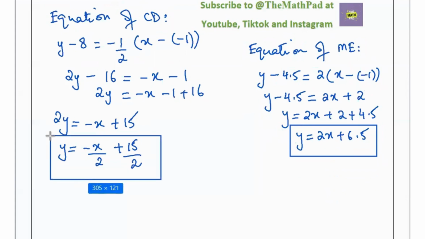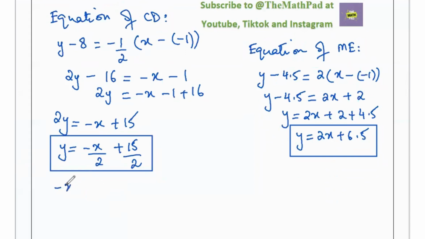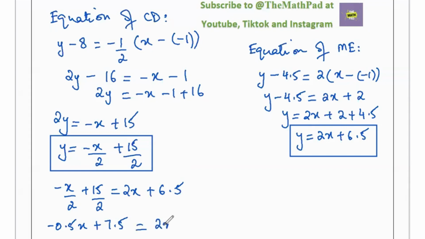Now we put these two equations equal to each other because they share the same y value and x value, which is point E. So negative x over 2 plus 15 over 2 equals 2x plus 6.5. If you write the fractions in decimals, that's going to be negative 0.5x plus 7.5 equals 2x plus 6.5.